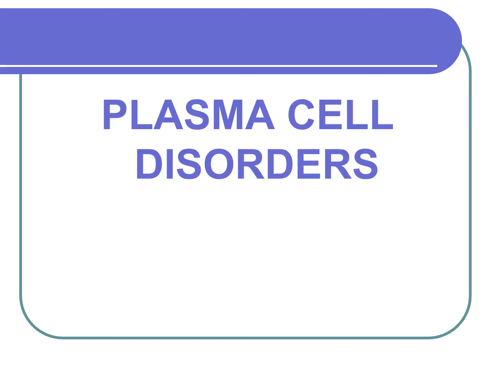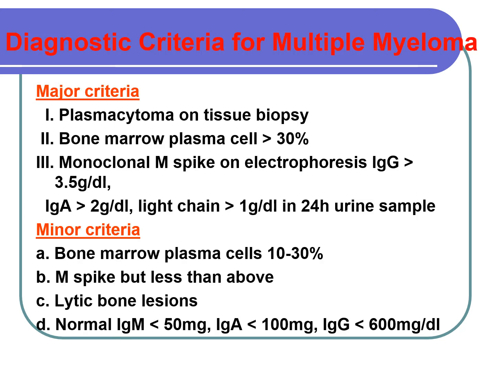Another disorder associated with abnormal leukocyte count and abnormal morphology is plasma cell disorder. The most common example is multiple myeloma, and we have major and minor criteria to diagnose a case of multiple myeloma.